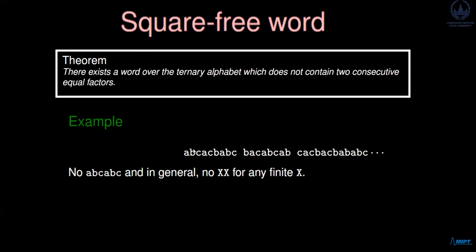More generally, it avoids any consecutive repetition of the same substring, denoted as XX for any finite substring X. For instance, you won't find the substring ABC or any other pattern of the form XX. This confirms that the word is square-free, which is precisely what the theorem guarantees.